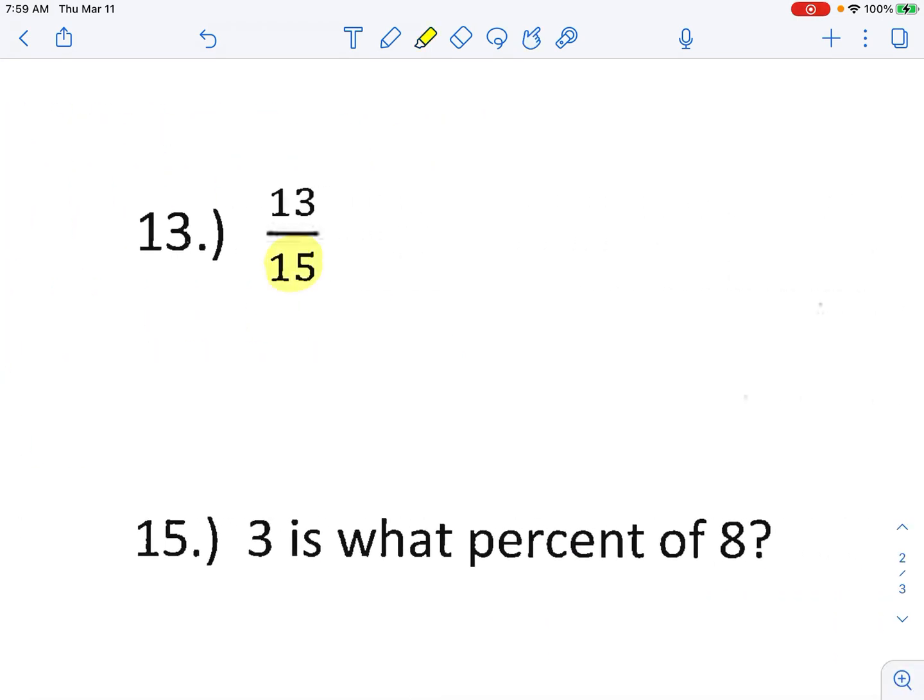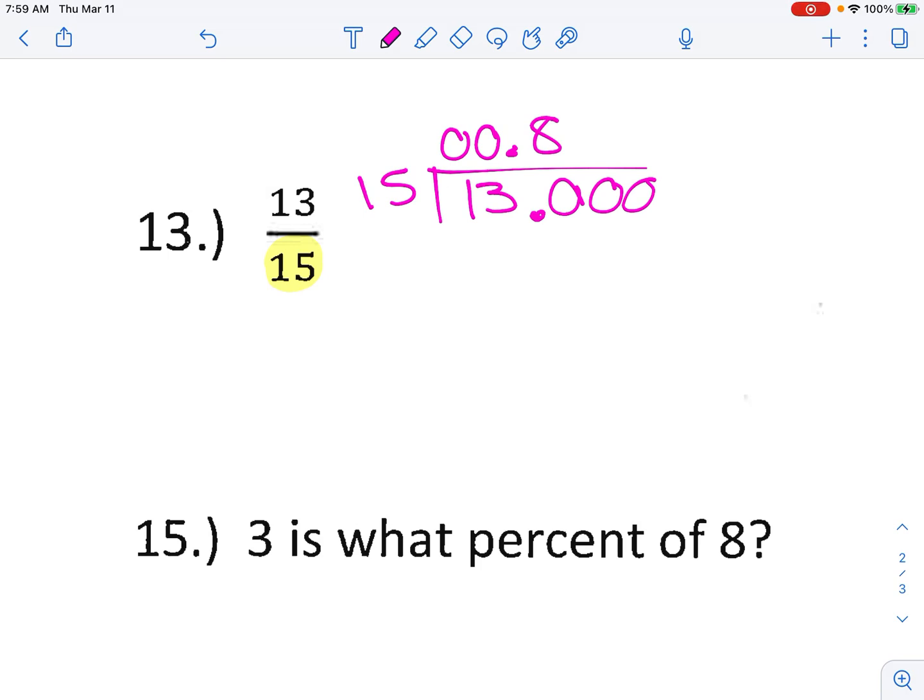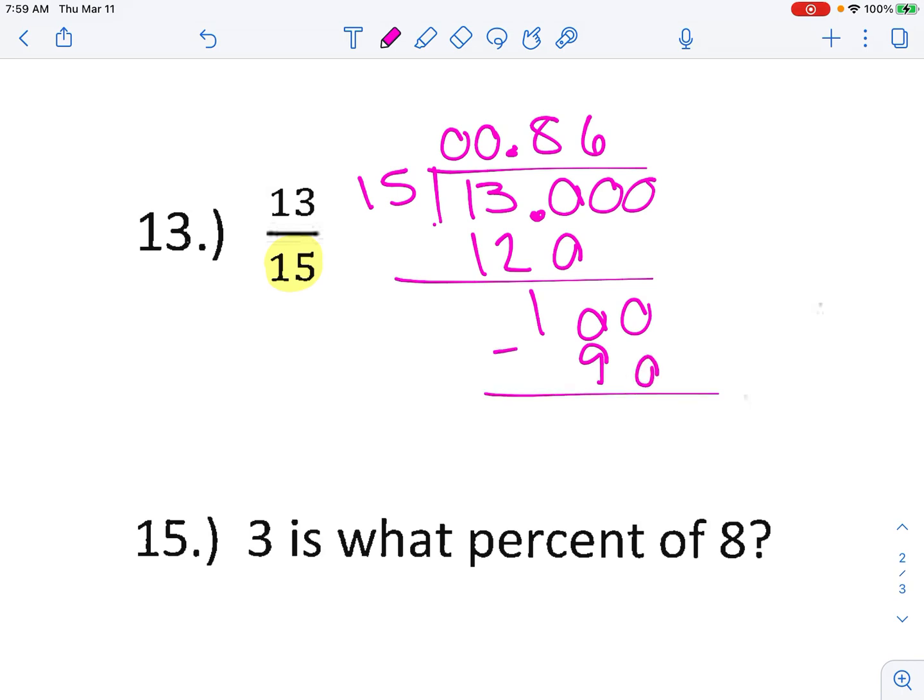Check the denominator first. Is 15 a factor of 100? No. If it's not, you're going to do numerator divided by denominator. Add your decimal and your 3 zeros. 15 times 6 is 90. 100 minus 90 is 10.